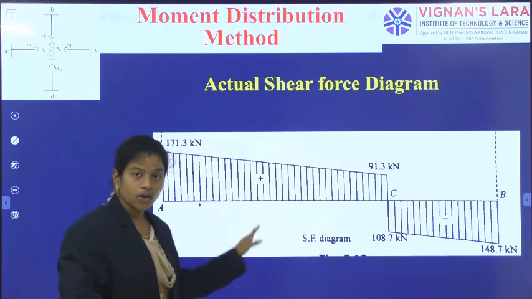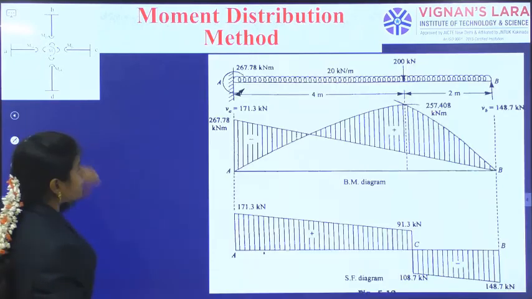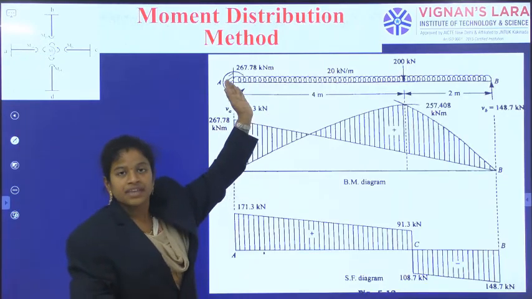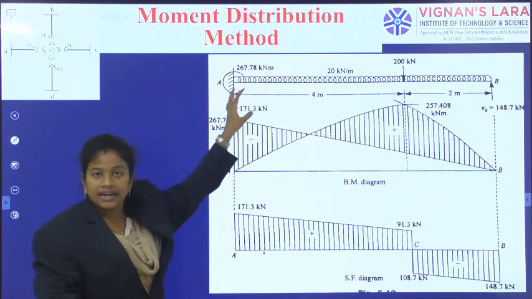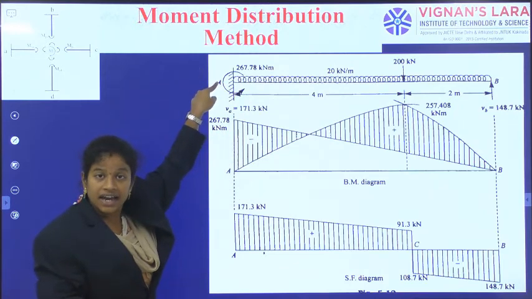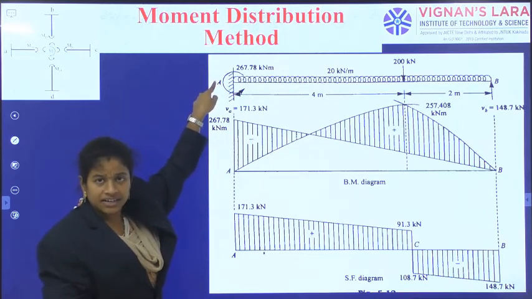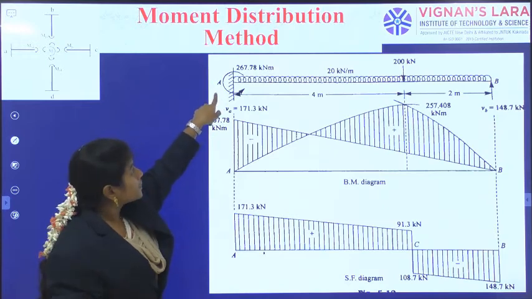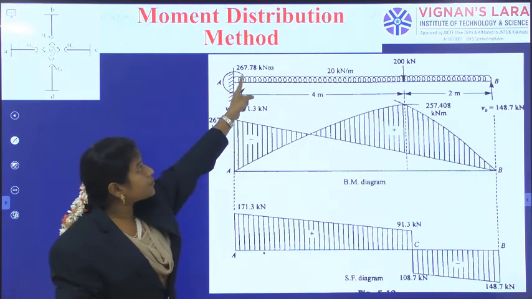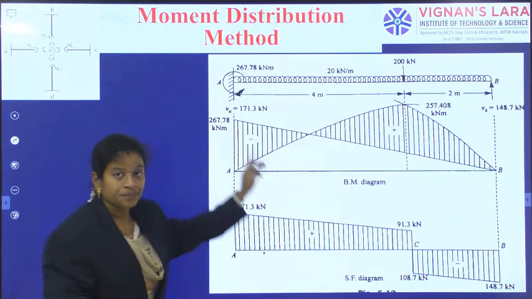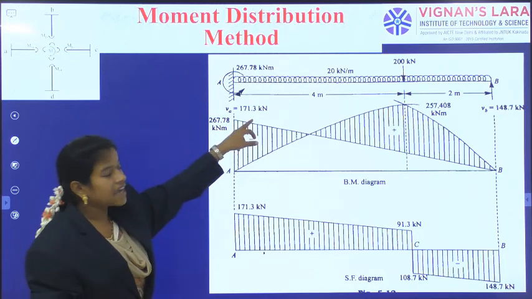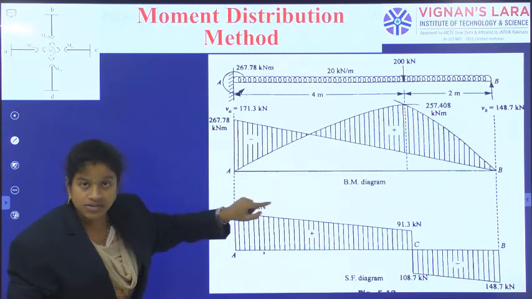When you indicate all the things at a time, it may appear like the whole structure. So the given structure with the loading and the actual support moment answer I have got. If needed, you can indicate that. The actual support moment I have got is a hogging type of 267.78 kilonewton meter, and a vertical support reaction VA as 171.3 and VB as 148.7 for the actual structure.